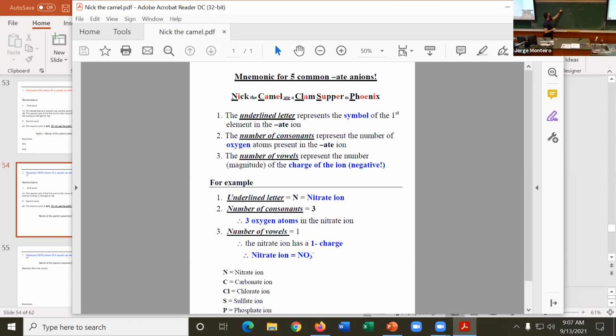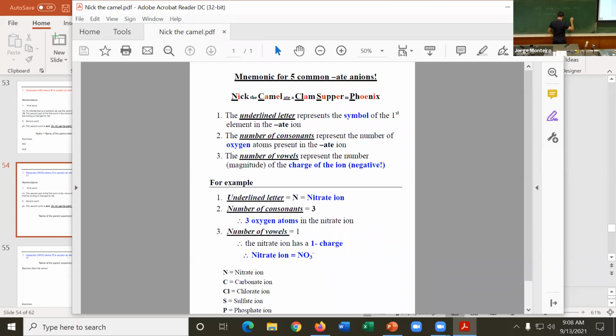Nitrate, 1 minus charge. We need 1 hydrogen to neutralize the charge, and we are going to form the oxoacid HNO3. And the nomenclature of this oxoacid is going to be the following. First, the name of the oxoanion. We are going to remove ATE and add IC.